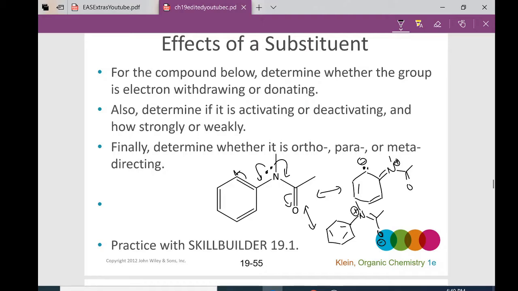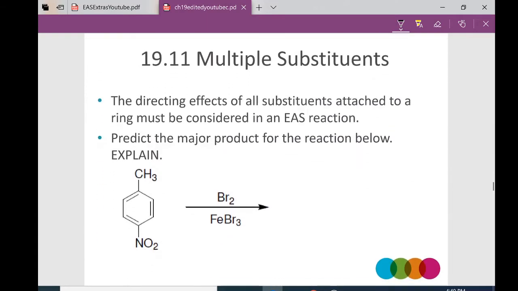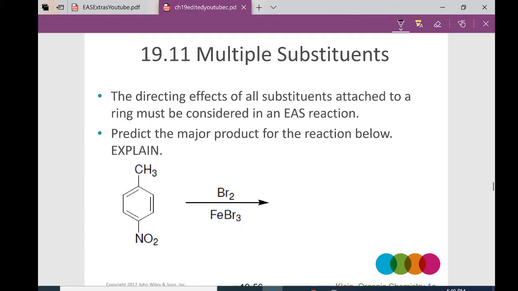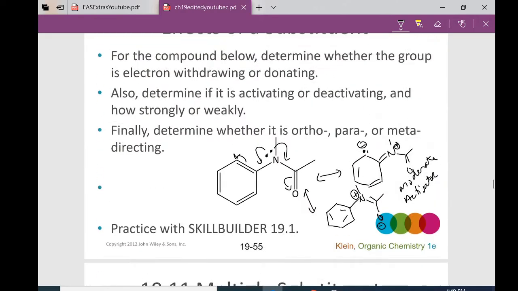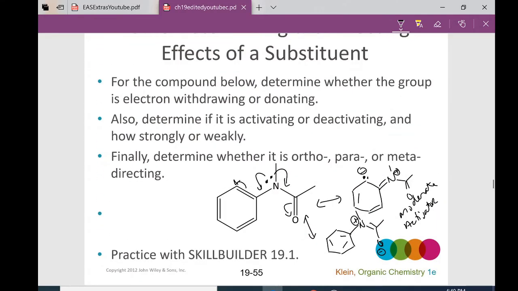So this would be a moderate activator. A moderate activator, or all activators in fact, are going to be ortho-para directors. So if we had another substituent incoming that we're adding onto the ring, it's going to go into the ortho or para position.